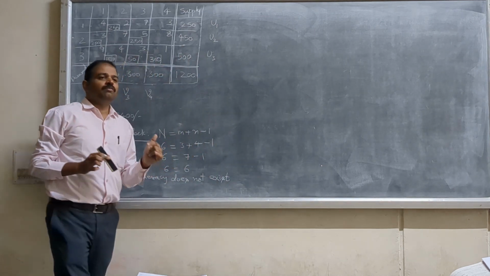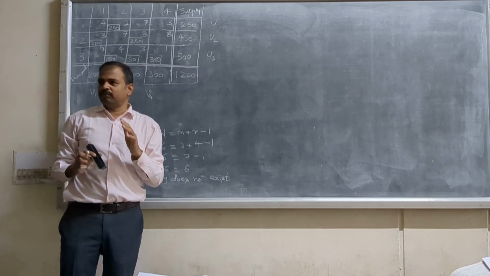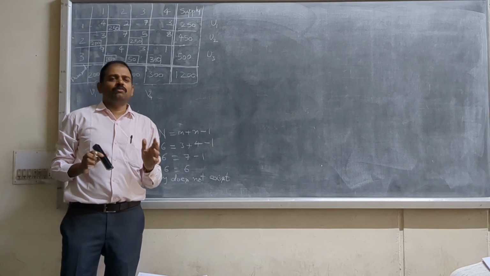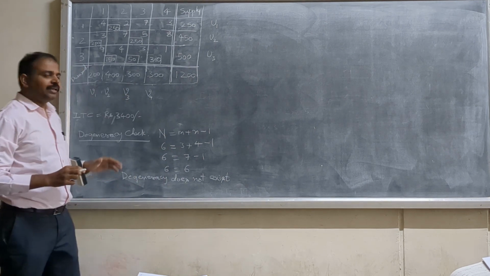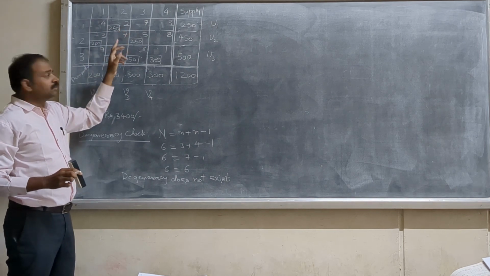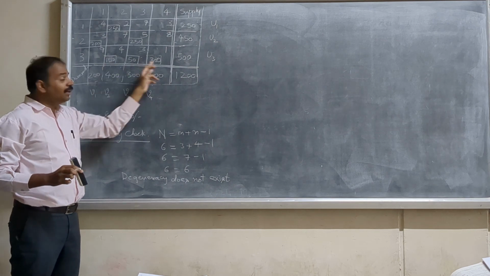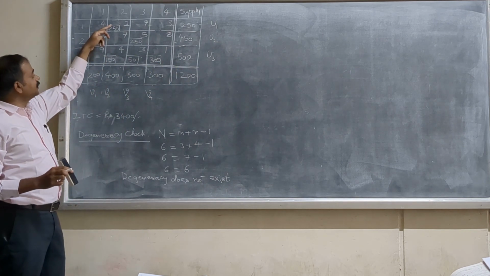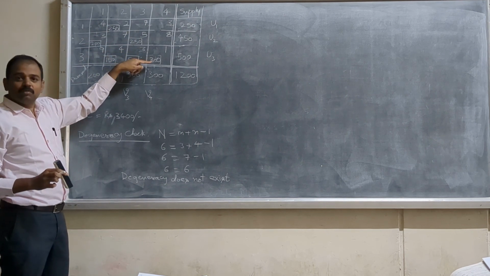How to do that? You will have to check for the maximum number of allocations. Whichever row or column has the maximum number of allocations, you choose that variable as equal to 0. Now let us check here. The first row has 1 allocation, the second row has 2 allocations, the third row has 3 allocations, the first column has 1 allocation, the second column has 2, the third column has 2, and the fourth column has 1.